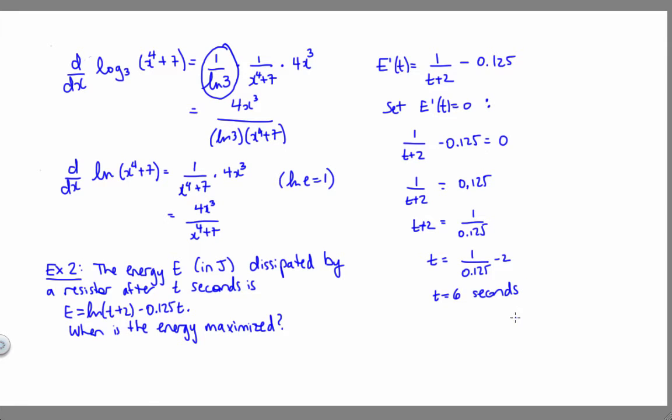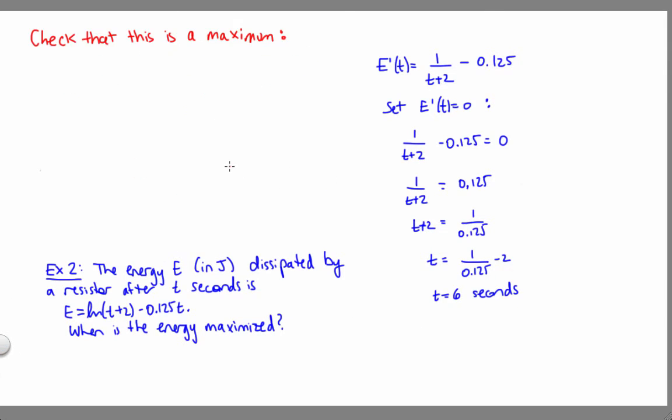Now if we wanted, we could check that this does indeed correspond to a maximum. If we wanted to check that this time value corresponds to a maximum, then we could use the second derivative test.